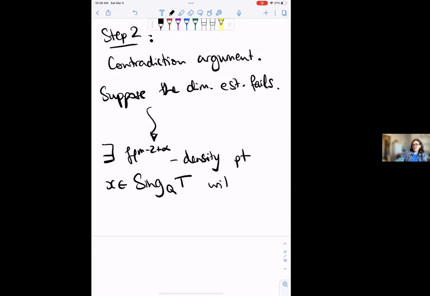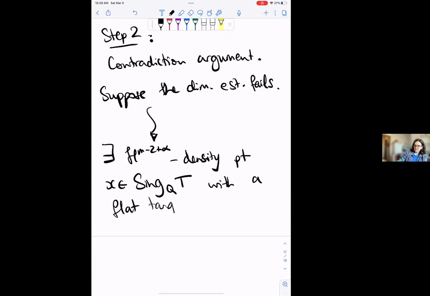And also, because our enemy is these flat tangent cones, the ones in the lower strata we can again estimate well. So we can assume that this point has a flat tangent cone.